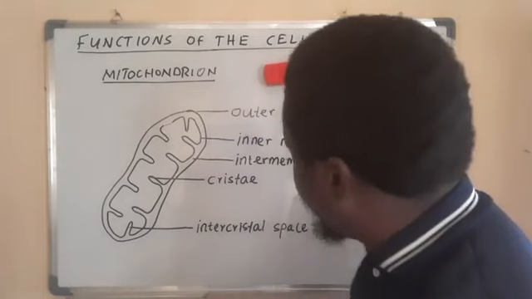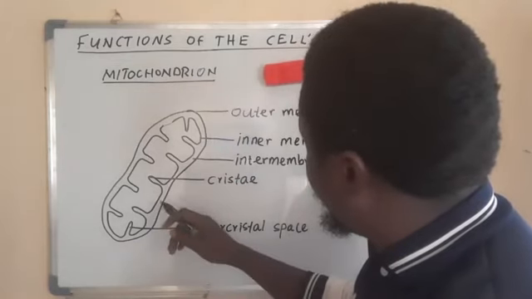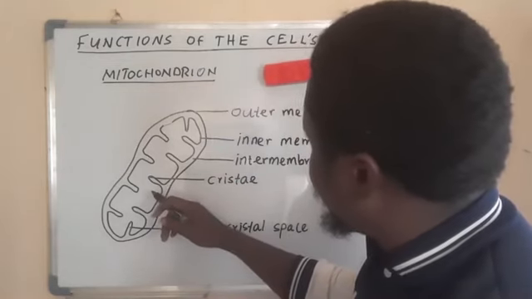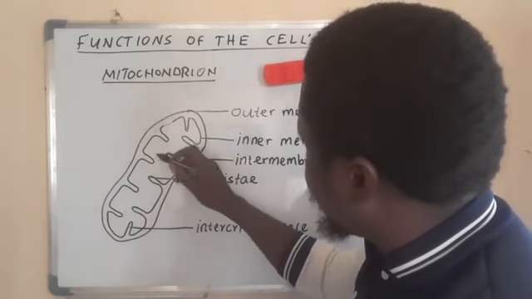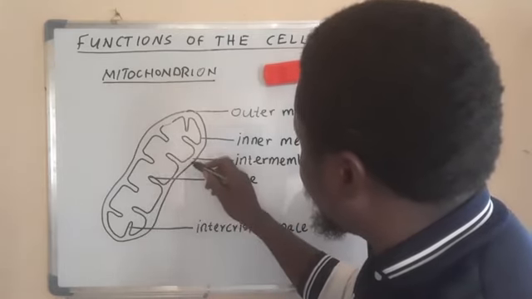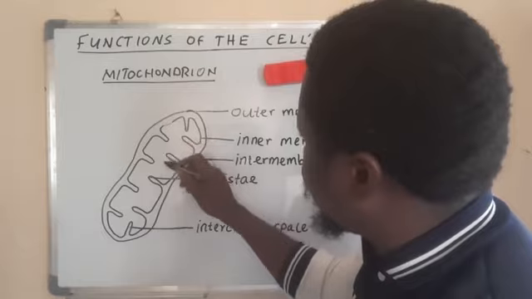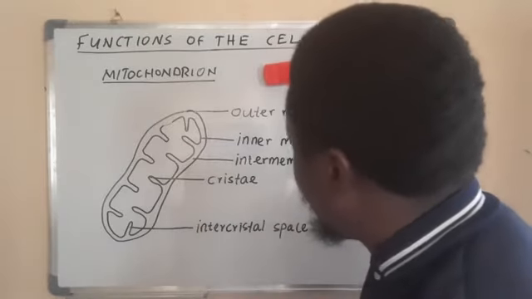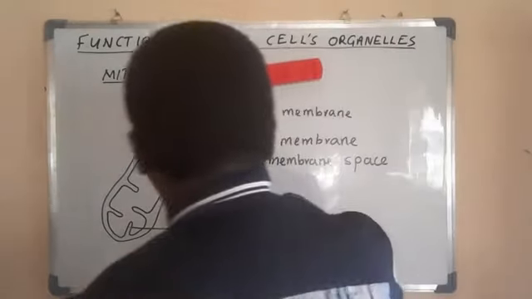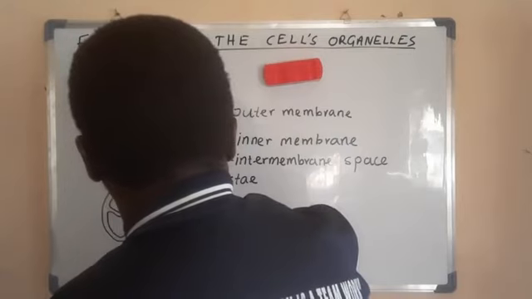So we have the inner environment of the mitochondria. After the intermembrane space, there is some space inside, and this space is called the matrix.